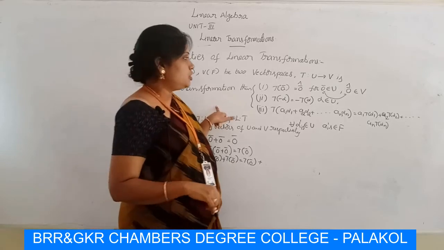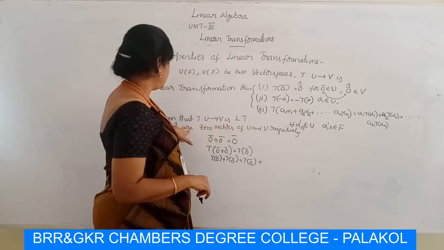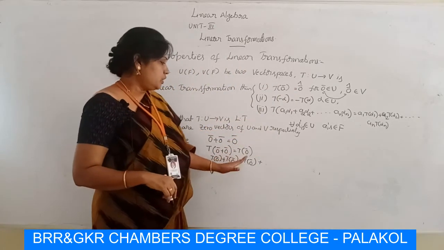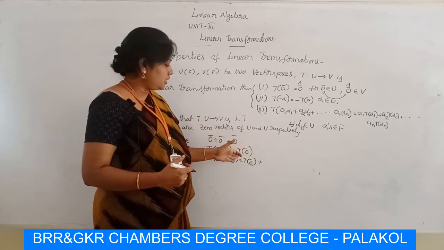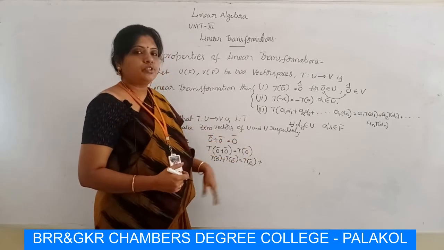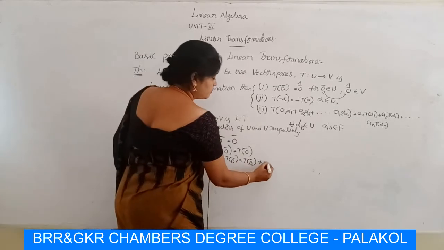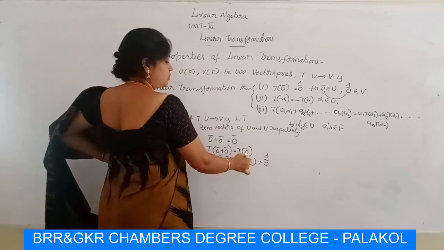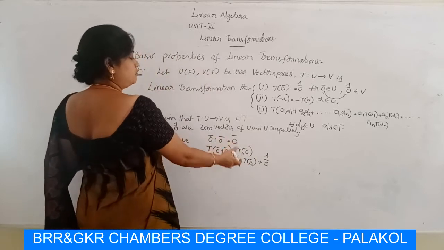That is 0 crown. 0 crown is the 0 vector of the vector space V. So here we add 0 crown, that is the 0 vector of V, to the element T of 0 bar, then we get again T of 0 bar. So we add this to this vector, then we get again T of 0 bar.